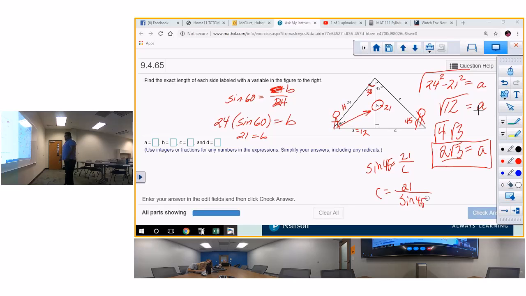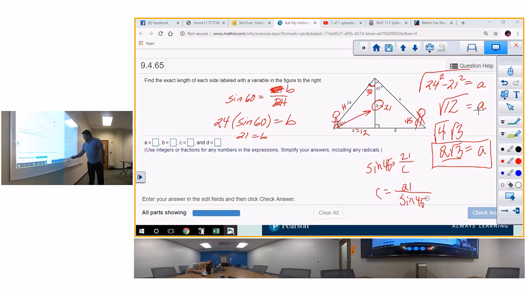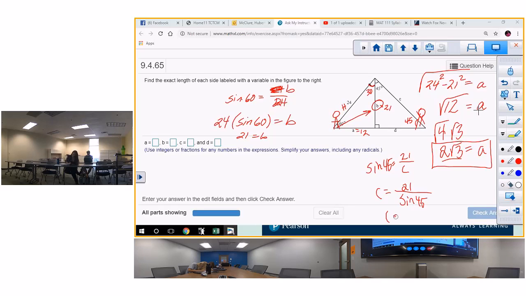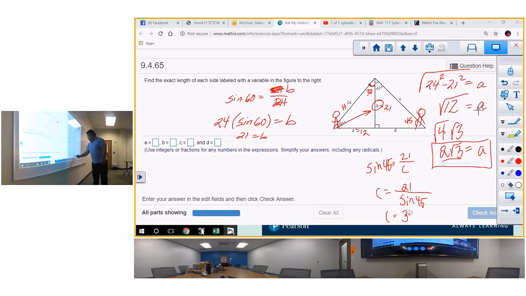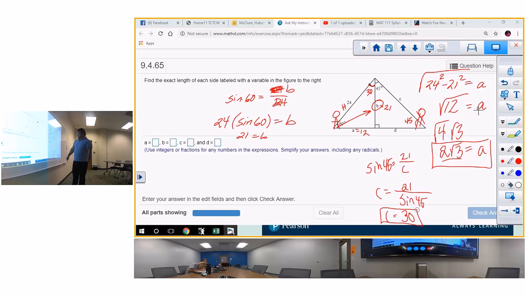What is 21 divided by the sine of 45? 29 point, you want to just round? 30. 30 would be, I really don't know if you can break up 30 into radicals, because 30 is 6 times 5, 3 times 15, so 30 you can't break up, so I don't know.